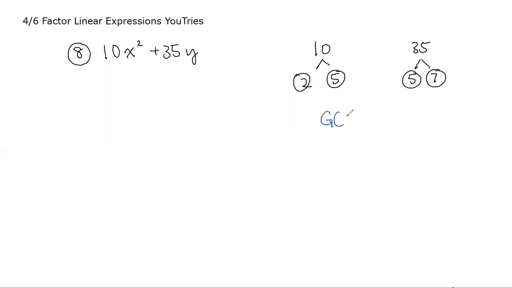GCF. Okay. So rewrite, rewrite. 5. So we're just rewriting the same thing that looks different. It's still going to be 10x squared. It just looks different. We're just making it a little longer is all. 5 times 2x squared.